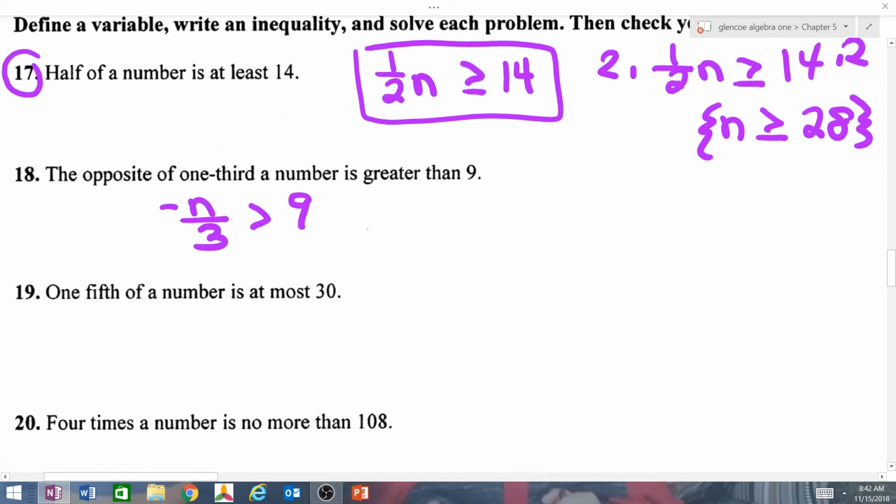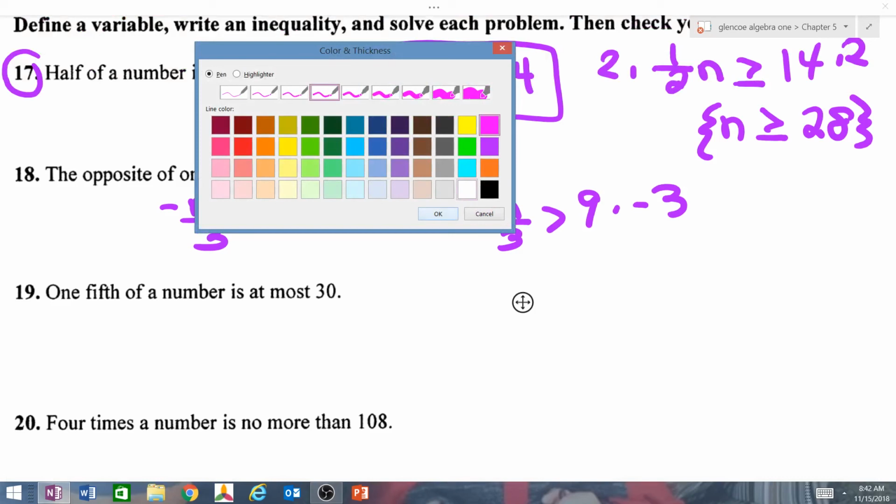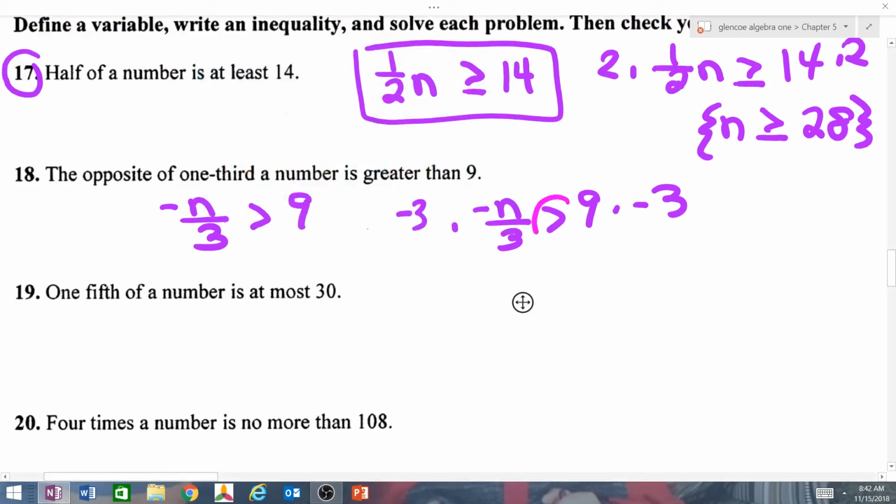And what are we going to do to both sides of that inequality, guys? Multiply both sides by what? When you multiply or divide both sides of an inequality by a negative number, we must always remember to do what with the inequality symbol? Flip it. So now we get n is less than what, class? Negative 27.